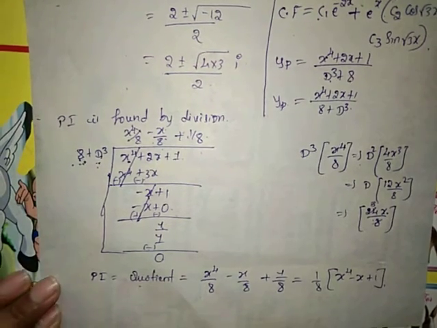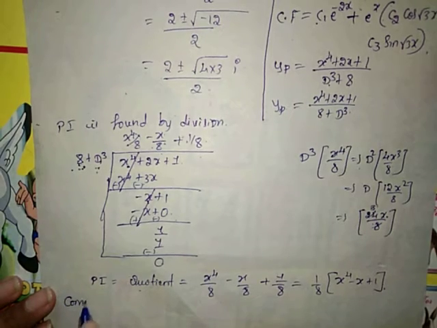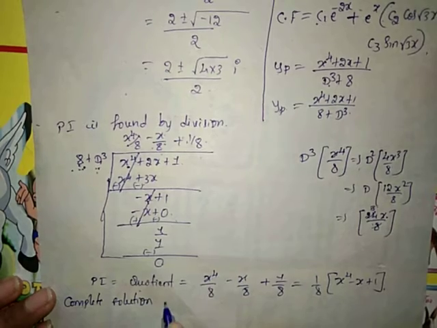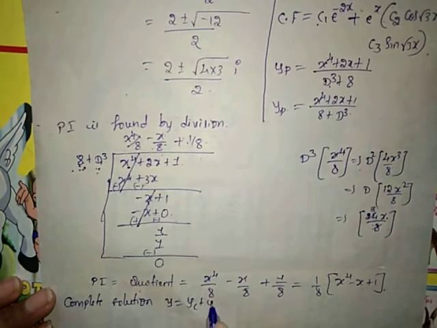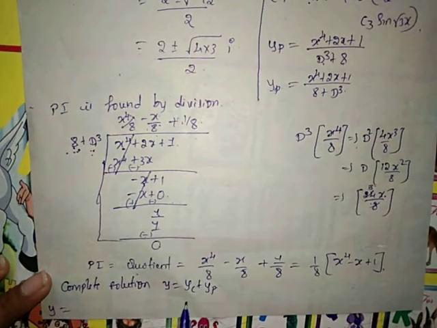So now we have to write down the complete solution here. So our complete solution is y equal to yc plus yp.